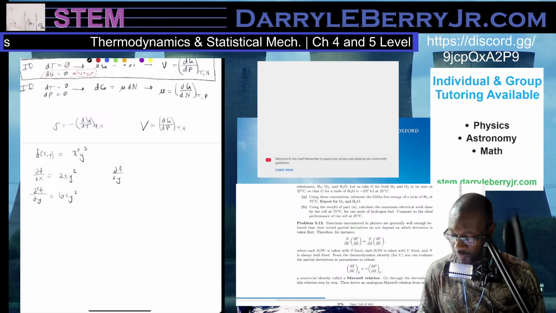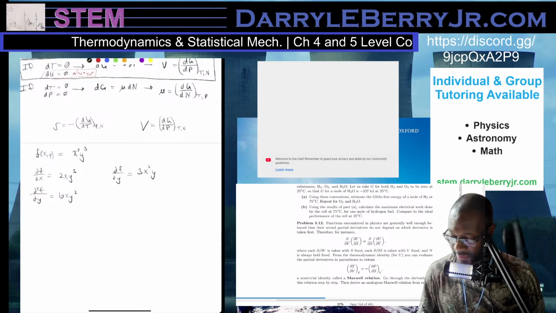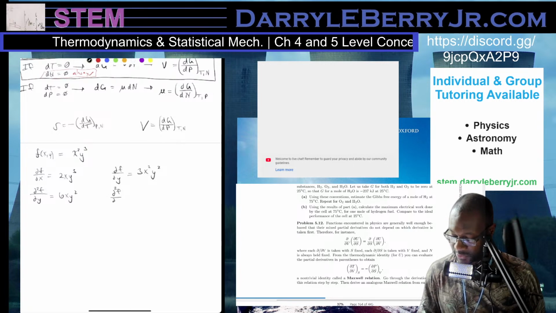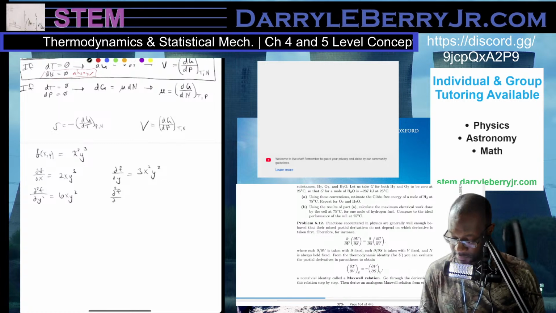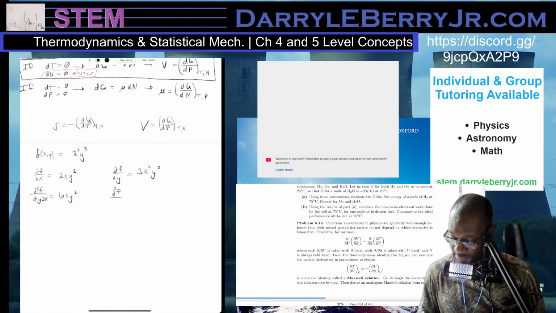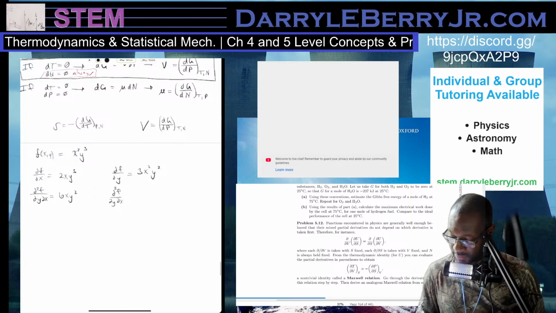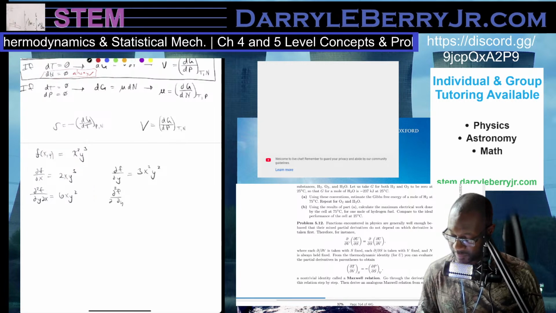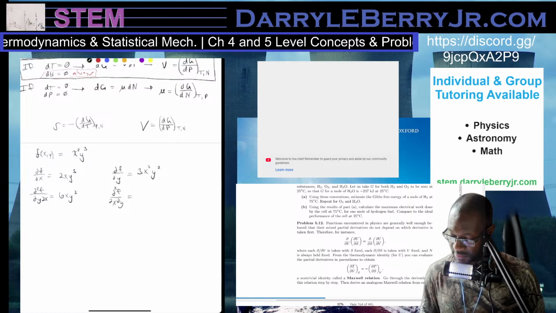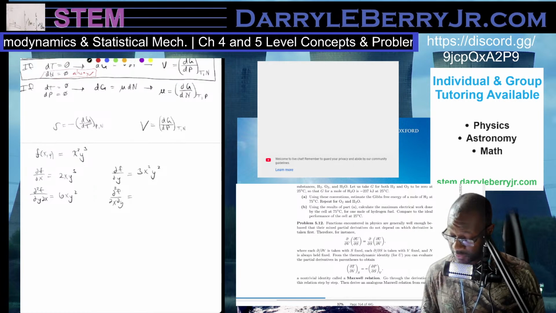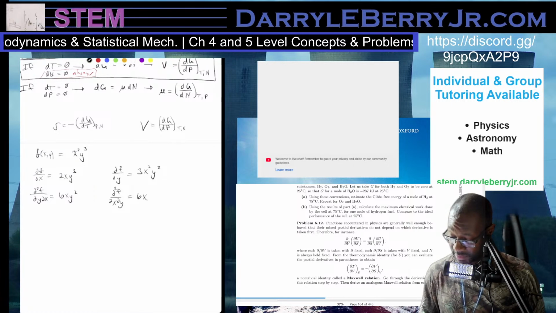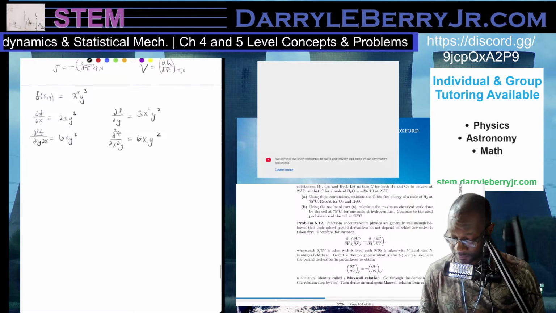Partial f partial y equals 3x squared y squared, and the mixed partial derivative. I think I'm mixing these up. No, sorry. The one that you do first should go on the right side if I'm remembering properly. So the second derivative with partial x now should still be 6xy squared.